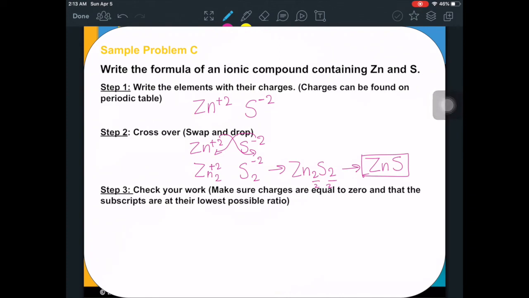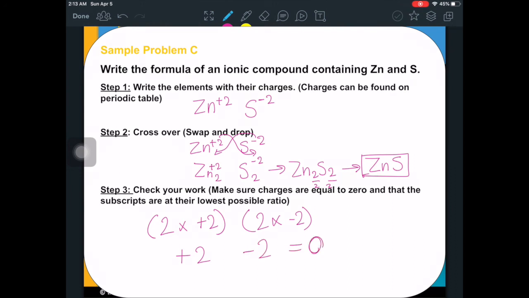I can see that for zinc, I have 2 zincs, and each one has a charge of +2. This is from here, and I can see that I have 2 sulfurs, and each one of them has a charge of -2, which means this one is +2, this one is -2, and overall I have a charge of 0. So it all worked out perfectly.